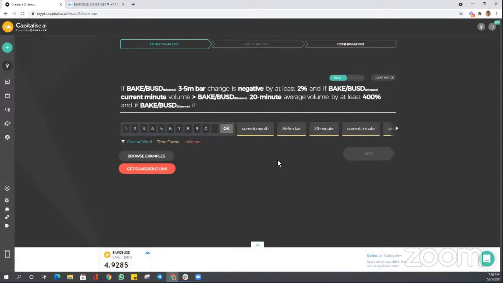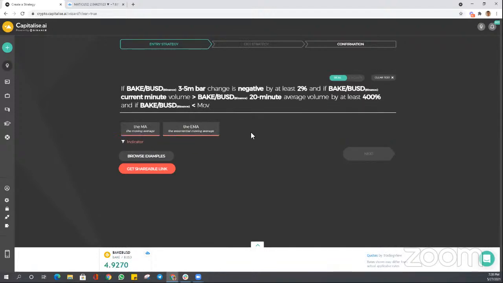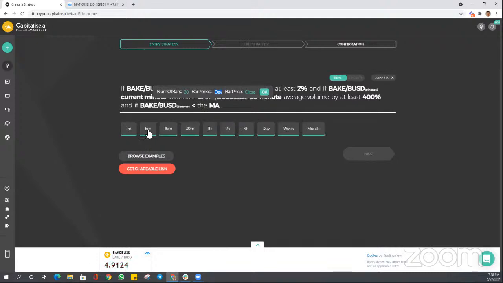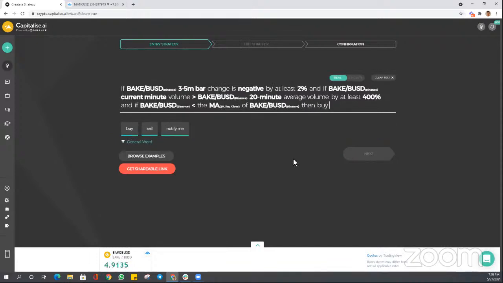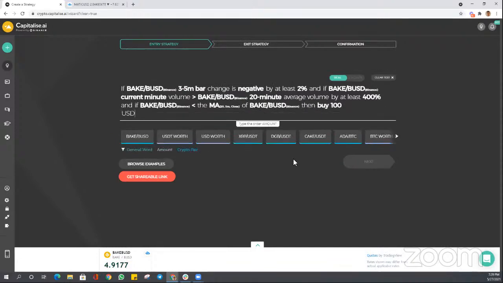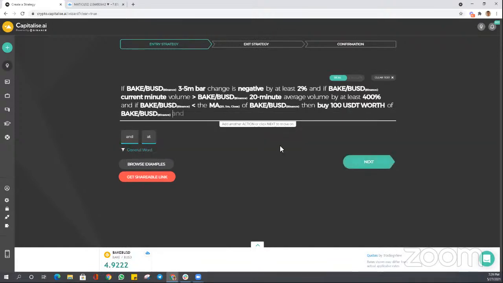Let's say if the price of BAKE BUSD is below the moving average, let's try that. It's below the moving average, and let's use a 20, and we'll stick with 5 minutes because we did 3 by 5 minute bar of BAKE BUSD. Then buy 100 USDT worth of BAKE BUSD. So let's start with 400 there.